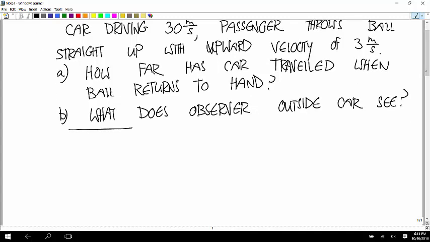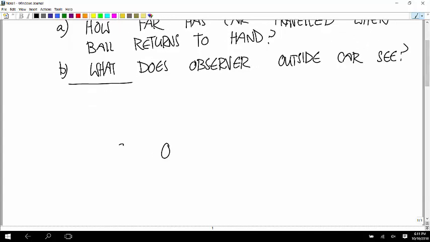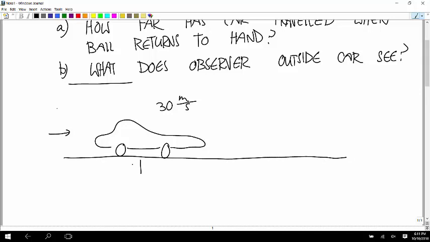Okay, so the car is going this way at 30 meters per second, and at this instant, the ball's thrown up into the air.